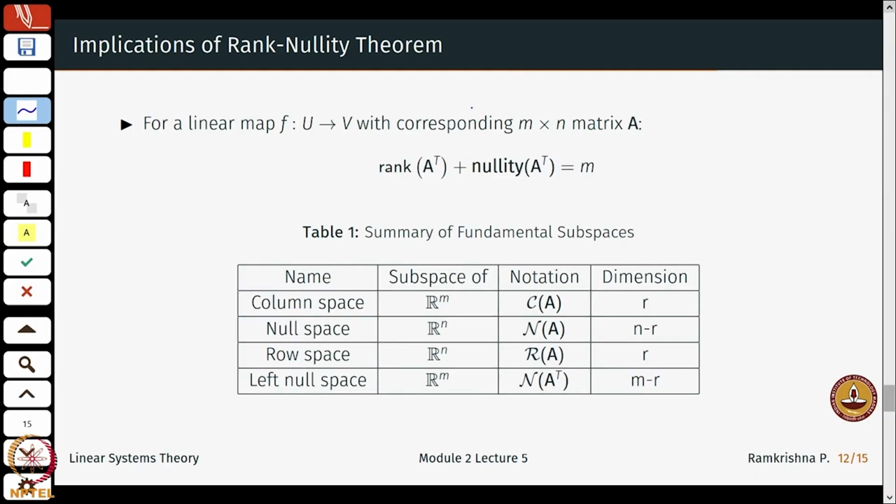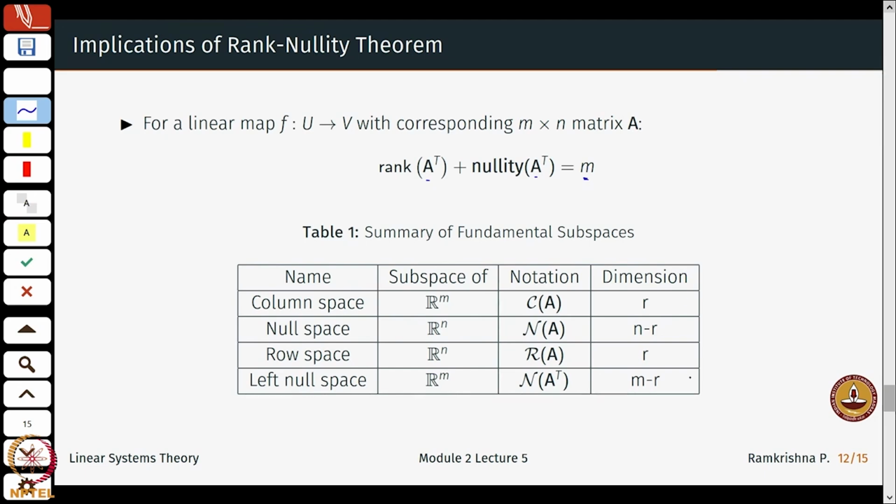So, as a corollary, if I look at it in terms of the matrix A transpose, then it's obvious now to verify that the rank of A transpose plus the nullity of A transpose would be m, where m is now the number of columns in the A matrix.